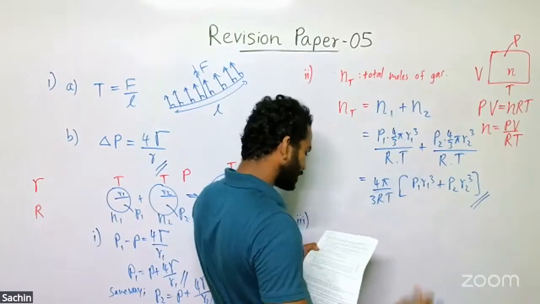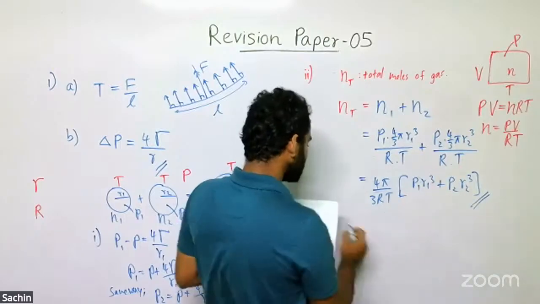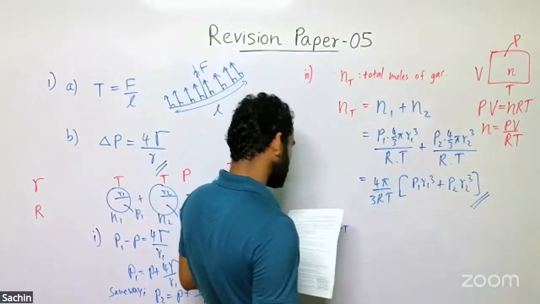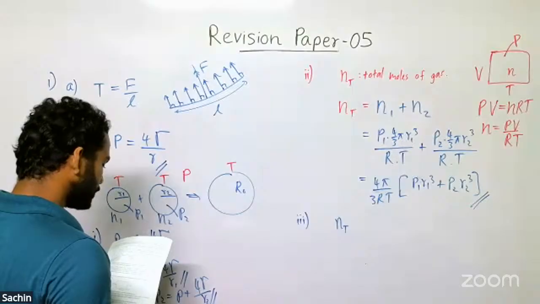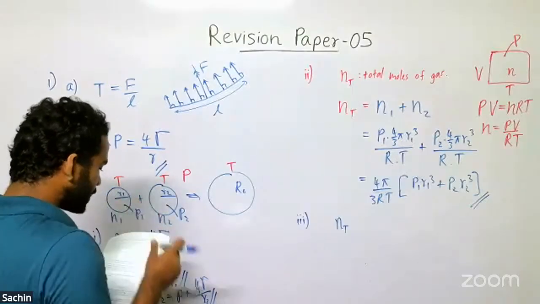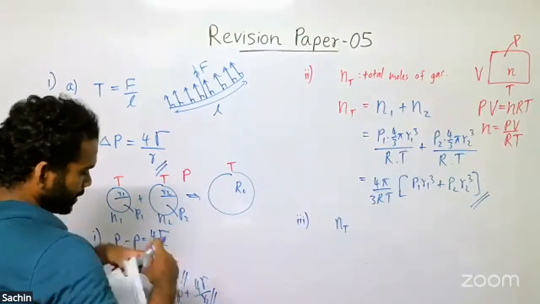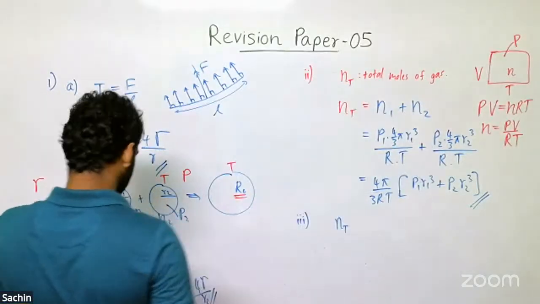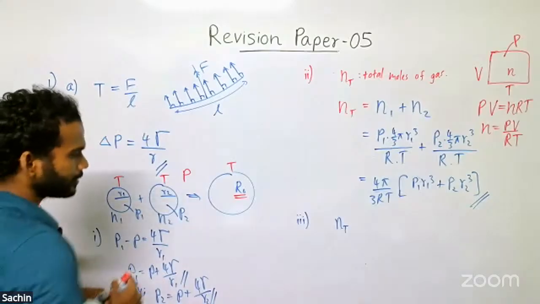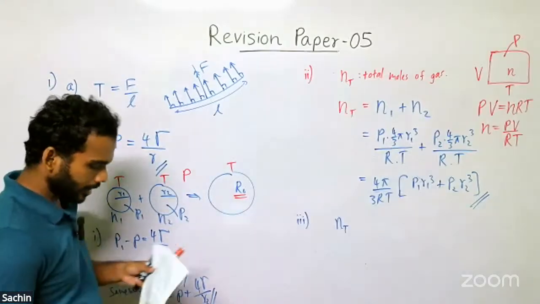Now we are asking for another expression for the same thing, N_T, in terms of P, that is the atmospheric pressure, gamma, R naught. That's something important. So R naught, where to find R naught? R naught was the final radius of the final soap ball.